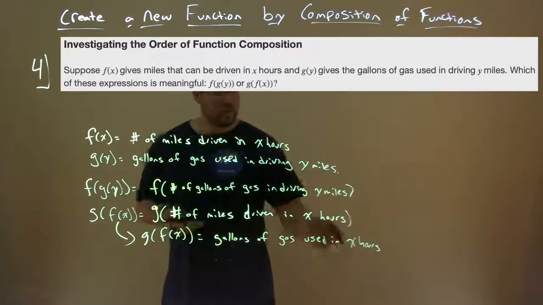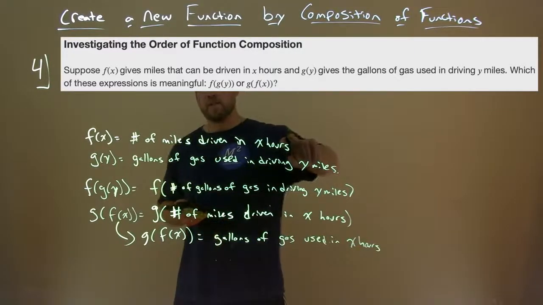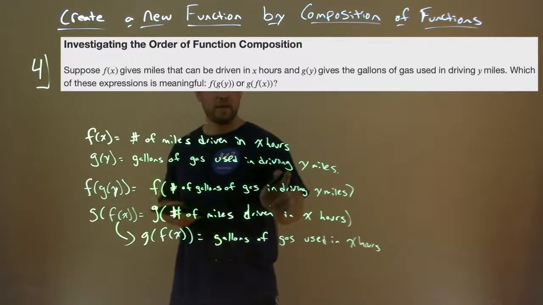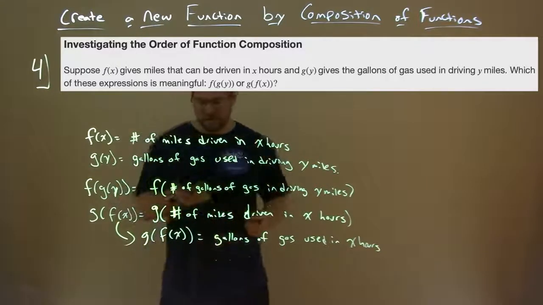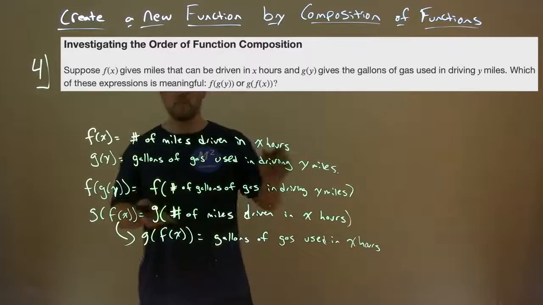When it's all said and done, we input the number of x hours, that gets converted to how many miles we drive, which in the other function tells us with that information how many gallons of gas we burned. Kind of a long way through, but we got there.